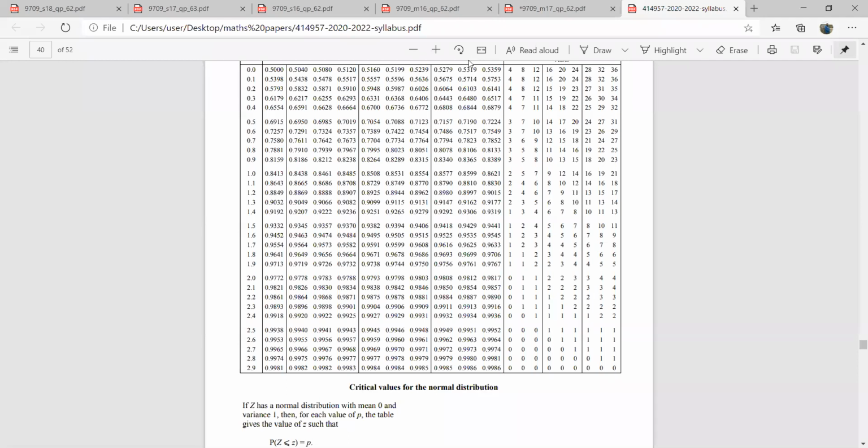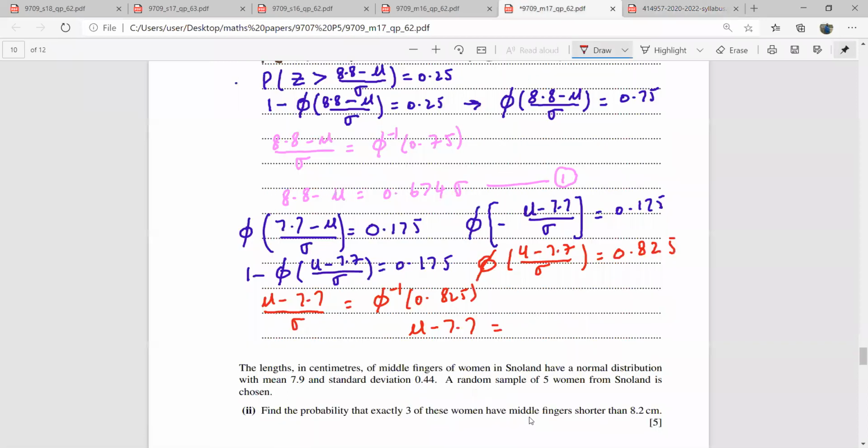So mu minus 7.7 is 0.935 sigma. This is your second equation.